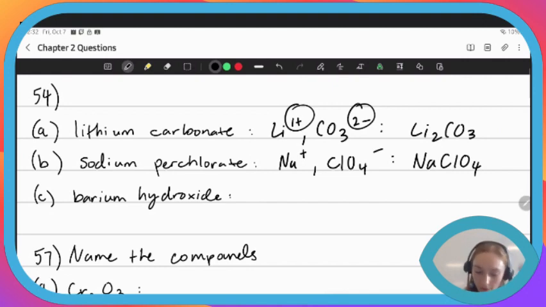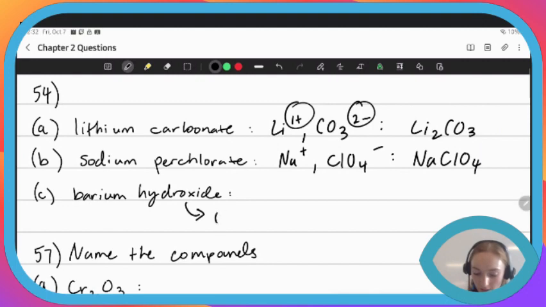So for C, we're going to be going over barium hydroxide, and hydroxide is an OH minus. This is also an ion that you should be getting more familiar with, and barium is Ba2 plus. Because this ratio is a 2-to-1, we need 2 of the hydroxides to neutralize that barium.